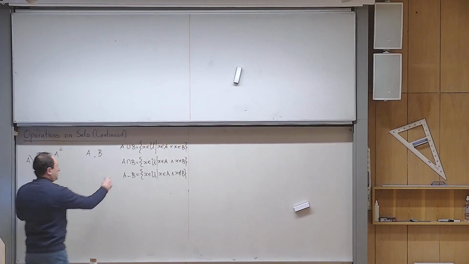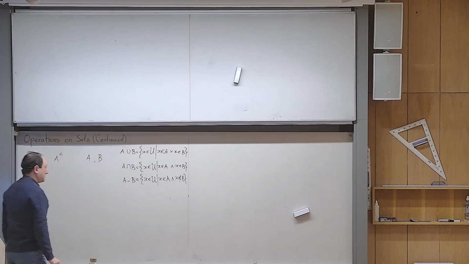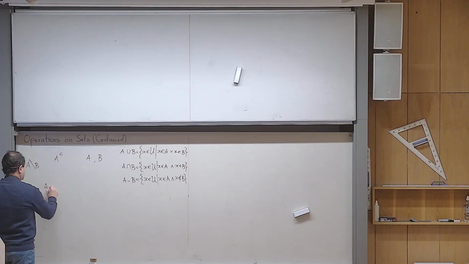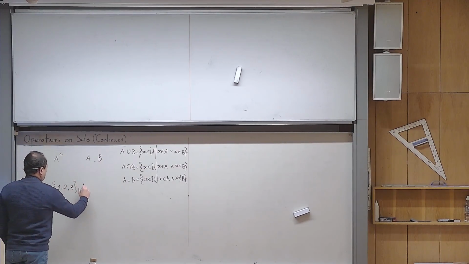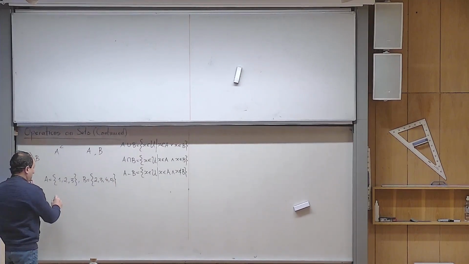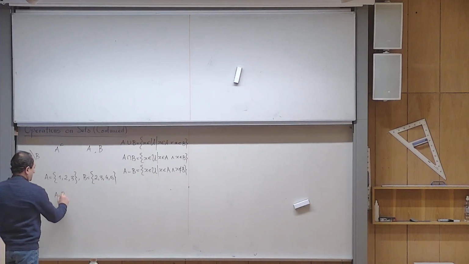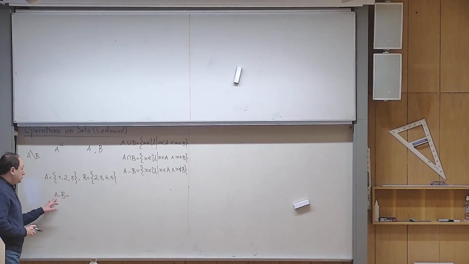We already discussed quite a lot about the union and intersection, but let me just remind you about this. For example, if I give you two sets, A is 1, 2, 3 and B is 2, 3, 4, 5, we can talk about the set A minus B. For A minus B, you need to check for all the elements in A that are not in B. Yes?